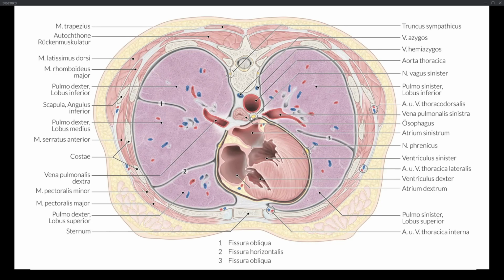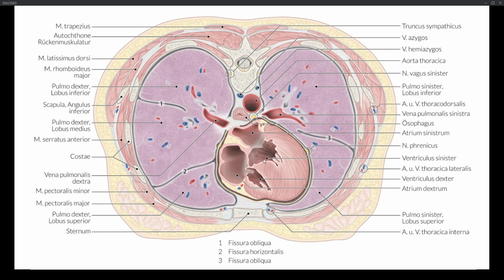So the nervus vagus is a very, very important nerve in your body. It will, for example, carry the innervation for the esophagus and most of your internal organs. Right here we have the atrium sinistrum, for example.